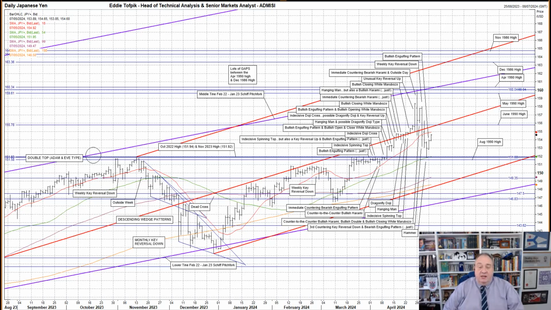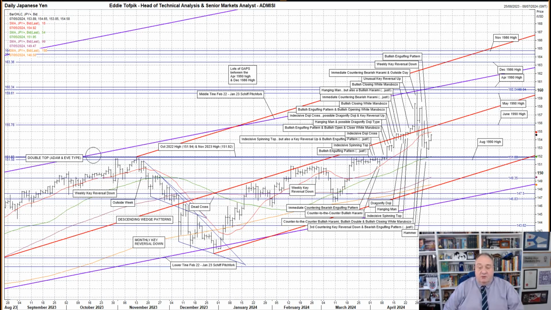Meanwhile below we have the combined October 2022 high at 151.94 and the December 2023 high at 151.92 plus the rising short medium moving average nearby, currently at 151.95, plus also nearby the August 1990 high at 151.58.